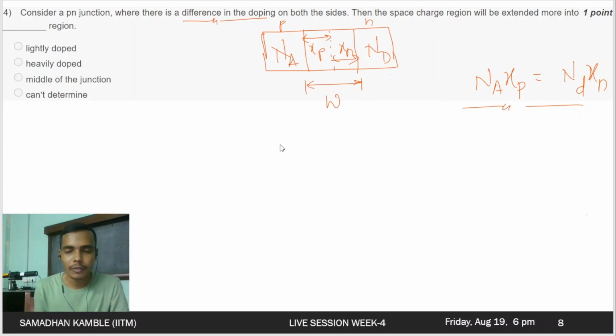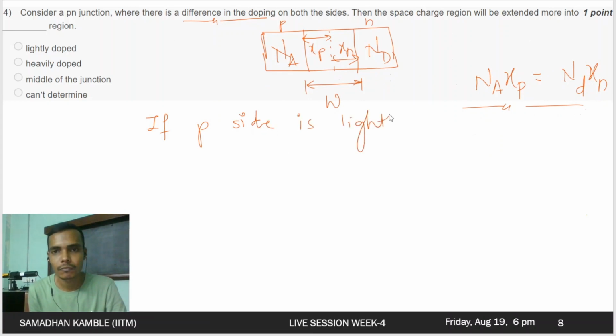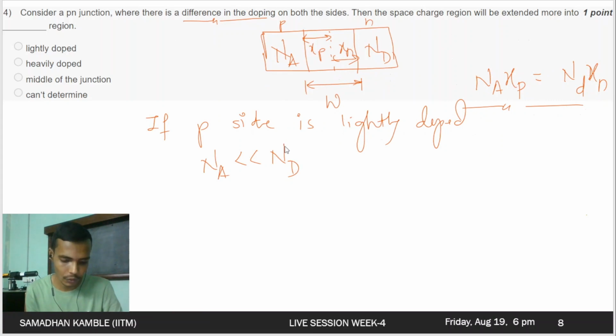So let us consider one case in which the p side is lightly doped. If the p side is lightly doped, we can say that the doping concentration Na is quite less than the doping concentration Nd.